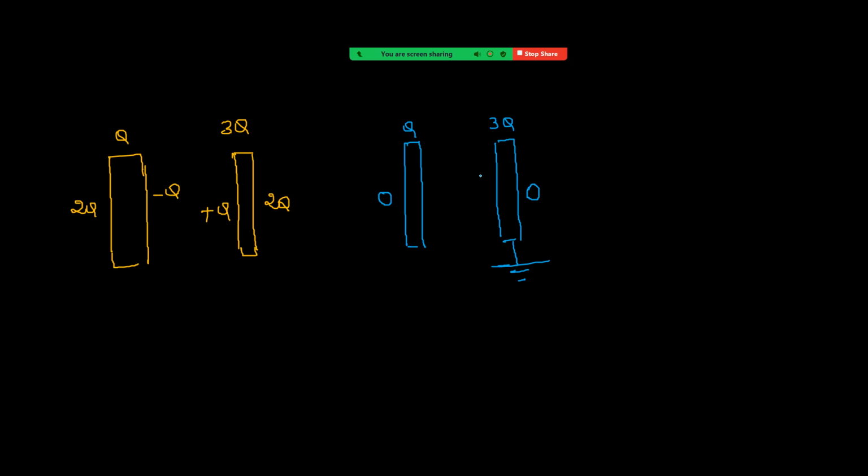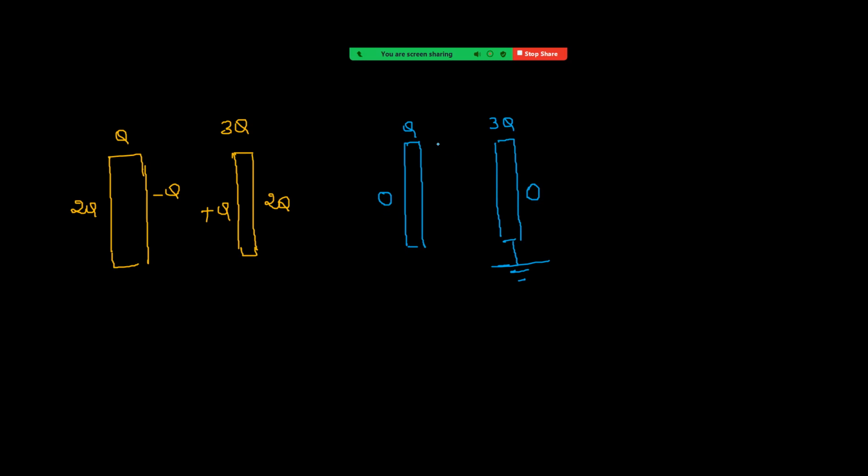Because of those two charges, net field inside the conductor is always zero. So remaining is only outer charges. Then both must have the same sign and same value. Then only inside the conductor the field becomes zero. That's why when this becomes zero, this must be zero.